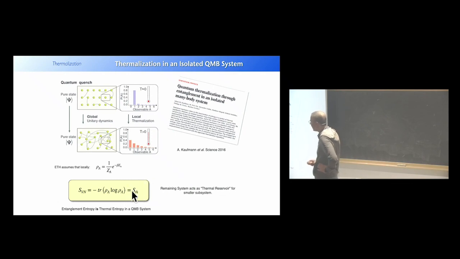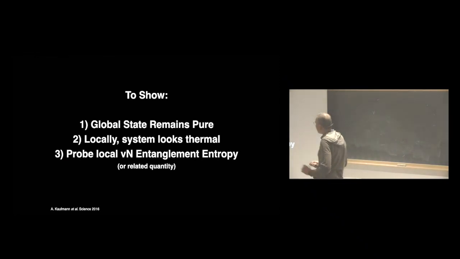So thermal entropy in an isolated quantum system is the von Neumann entropy of your reduced density matrix. Okay. Now, to show that this scenario is true in a quantum evolution, you have to show a few things. You want to show that under time evolution, the global system remains in a pure state, so that the entire system is always in a pure state.